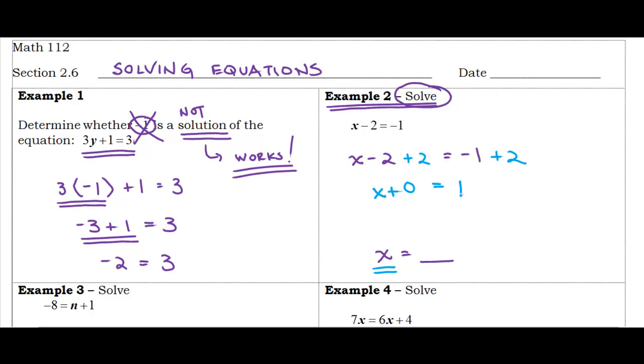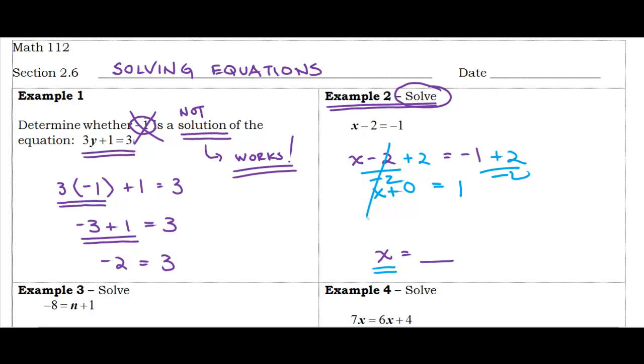I heard the C word. I hate the C word. Canceling is the worst thing in math you were ever taught. Because you will do these crazy things and call it cancel. Some people put this over negative 2 and cross it out.